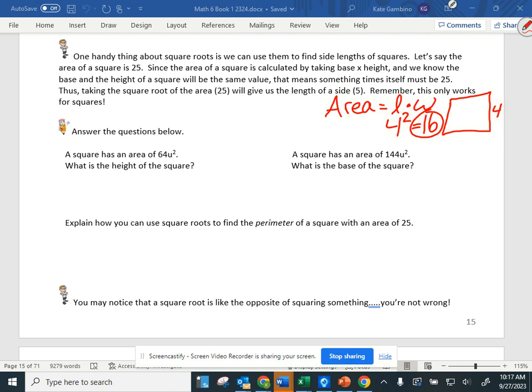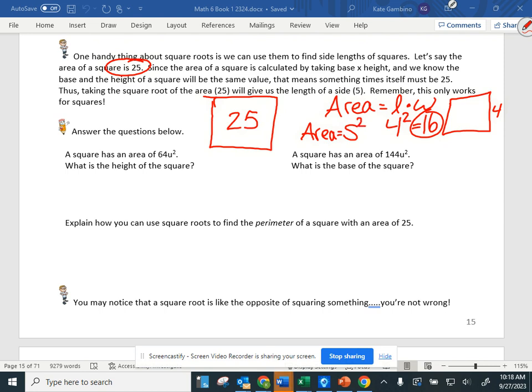So if they're telling us that our square has an area of 25, how can we find what each side length is? We know that when we're finding that area of a square, it is the same as saying side squared.